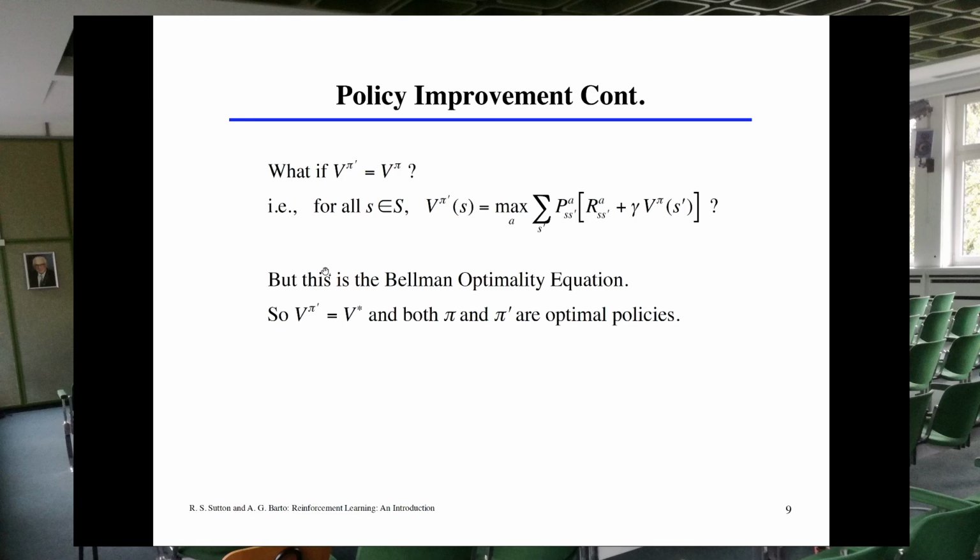Okay, if that happens, that means that the value function that you have found with your policy pi is the optimal value function, the v star. And both policies, policy pi and policy pi prime, are optimal policies. Okay.